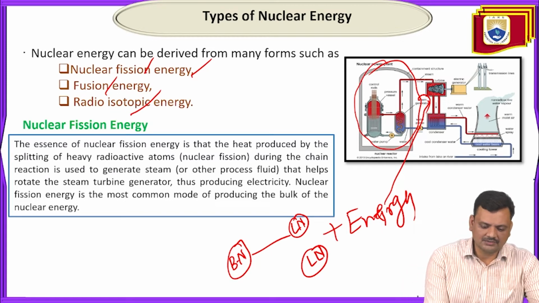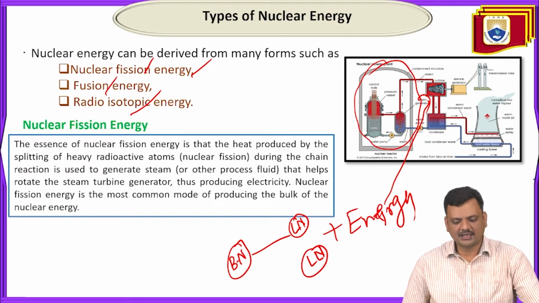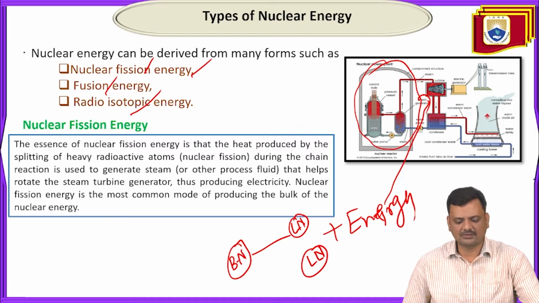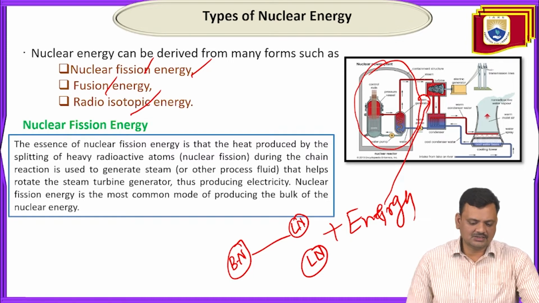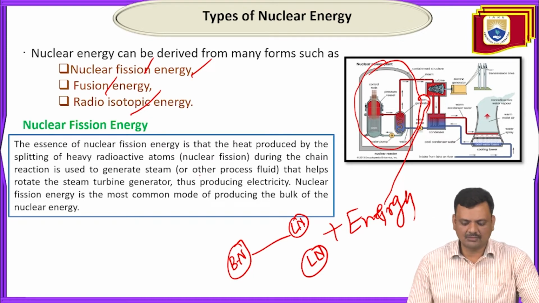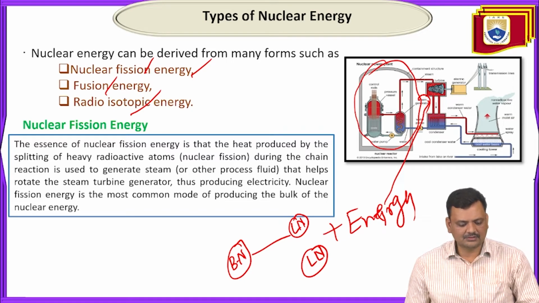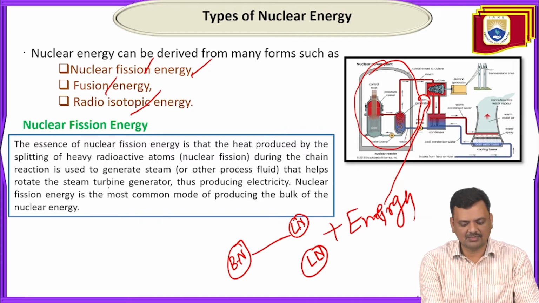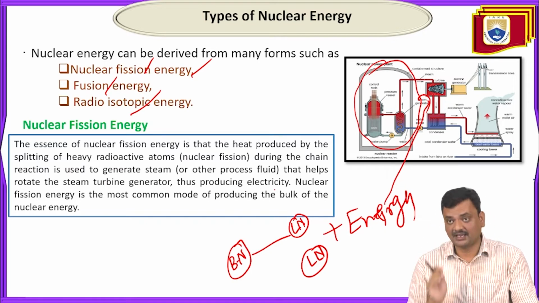So, what is nuclear fission energy? The essence of nuclear fission energy is that the heat produced by the splitting of heavy radioactive atoms during the chain reaction is used to generate steam or another process fluid that helps rotate the steam turbine generator, thus producing electricity.